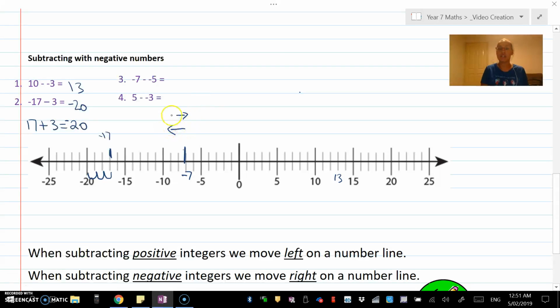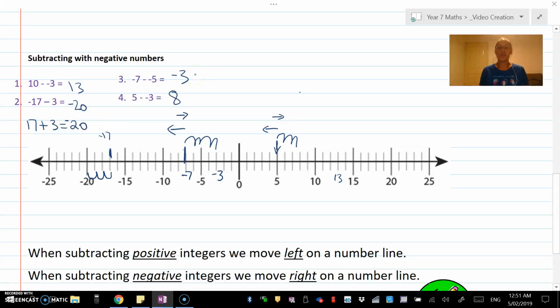So subtract negative, and then you would move your place 5 in the direction you're facing, and that becomes -3. Okay, and then the last one is +5, subtract -3. 1, 2, 3, and that gives us +8, and this one gives us -3.